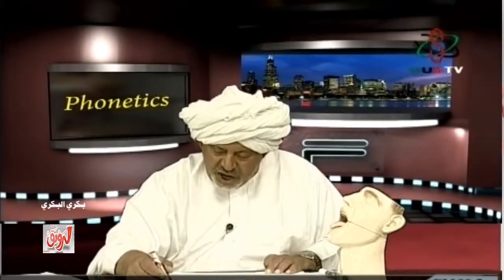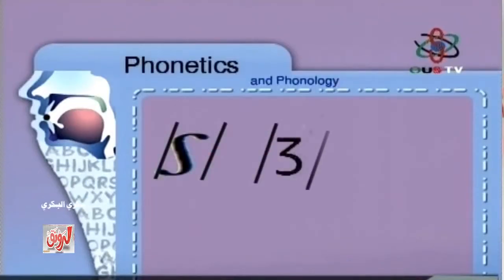Then we have got the sha, sheen, sha, and ja. Sha and ja. Like she, shy, issue, sure, and ja like measure, leisure, treasure.